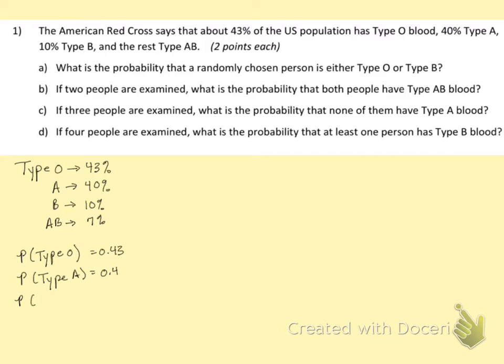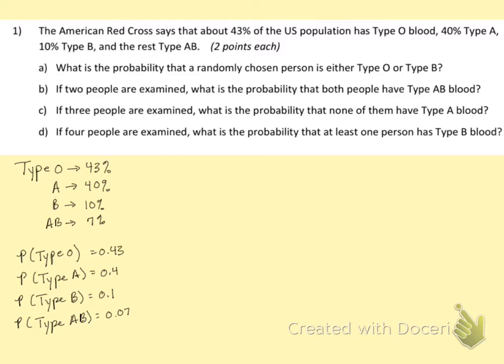And the probability that somebody is type B is going to be 0.1. And the probability that somebody is type AB is going to be 0.07. So we're going to use these values to answer parts A, B, C, and D.